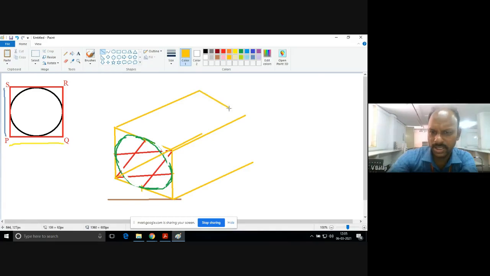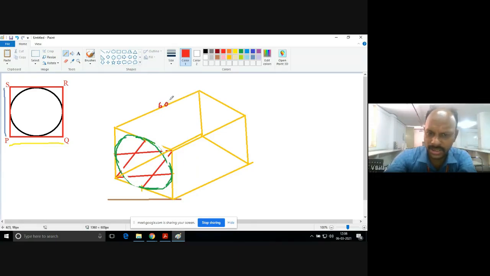Now simply join the ends with an ordinary scale. Are you following? So there is one more rhombus created at the other end at a distance of 60, right? Here the distance is 60 from this rhombus to that rhombus.